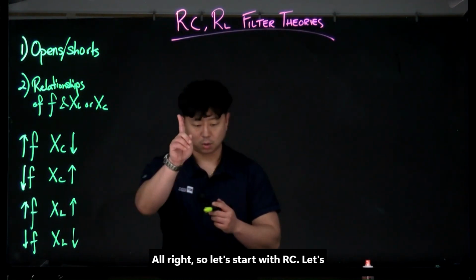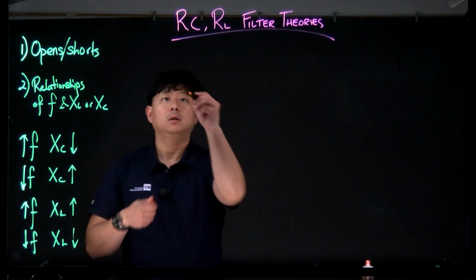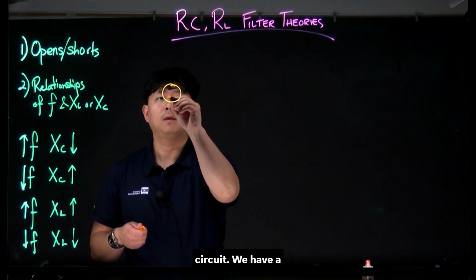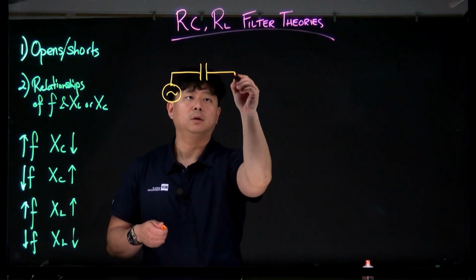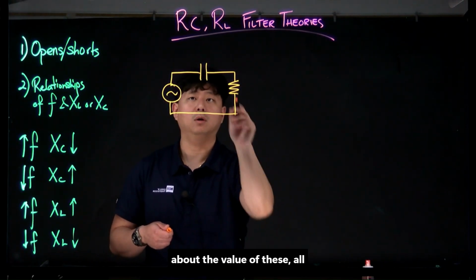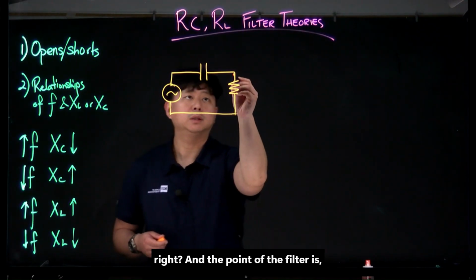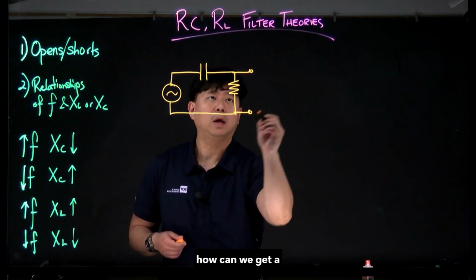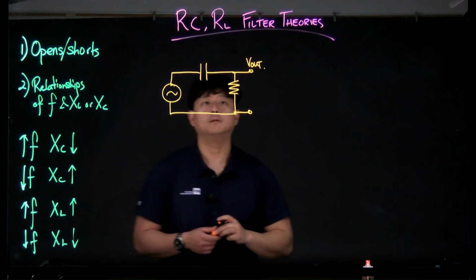All right, so let's start with the RC circuit. We have a power supply, we have a resistor and a capacitor, and I don't really need to know the values of these. The point of the filter is, how can we get a maximum voltage output?